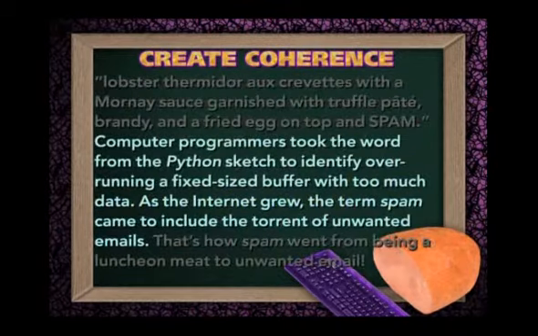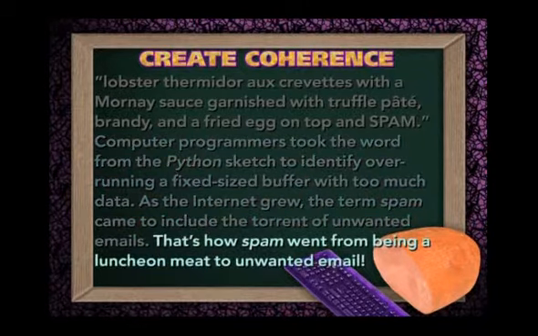Then I go to computer programmers took the word from the Python sketch, there's my transition, to identify overrunning a fixed size buffer with too much data. As the internet grew, the term spam came to include the torrent of unwanted emails. And here's my conclusion. That's how spam went from being a luncheon meat to unwanted email.